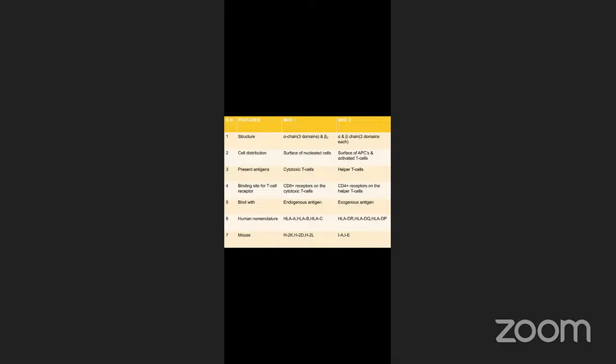But for your understanding, at your stage, MHC 1 and MHC 2 are enough for study. Coming to the structure, MHC 1 contains an alpha chain and a beta-2 chain. MHC 2 contains an alpha chain and a beta chain. There are two domains in the beta chain, and for MHC 1, three domains in the alpha chain.